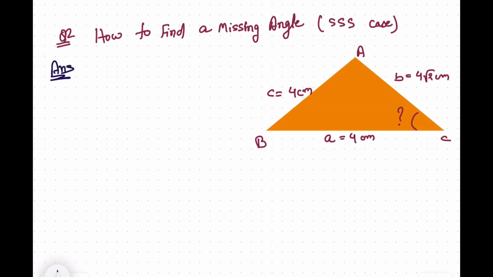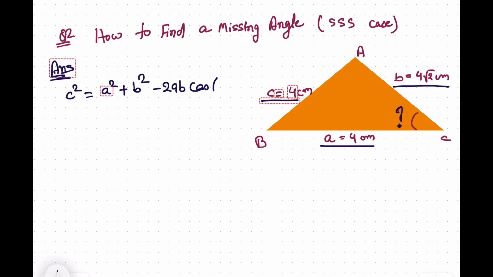So this is our second question, in which a is given as 4 centimeters, b is given as 4 root 2 centimeters and c is given as 4 centimeters. So we have to find the angle. See, this is a special case, we can find it easily. We know that c squared is equal to a squared plus b squared minus 2ab cos C. This is the angle, we have to find it.